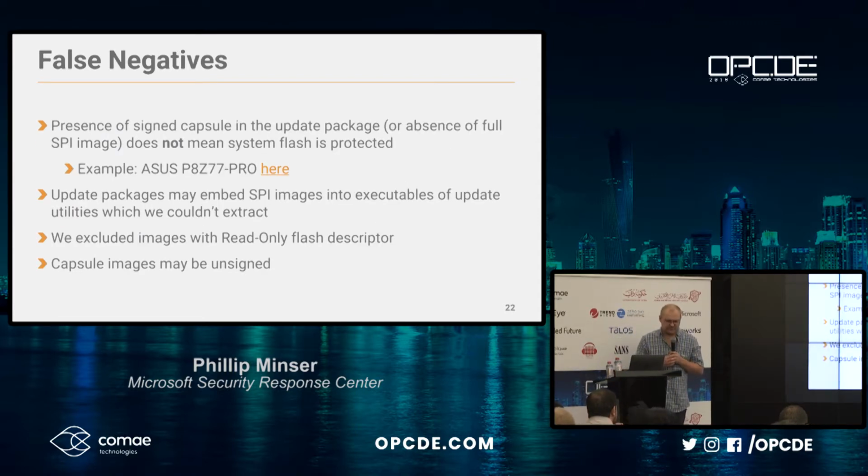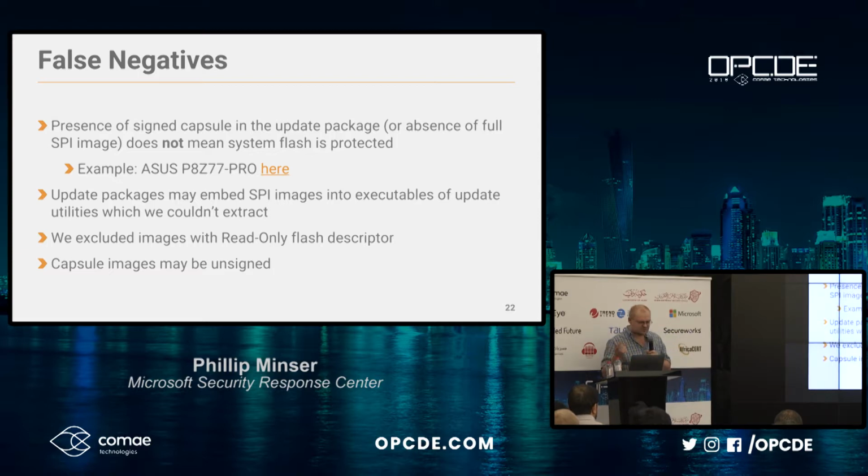Of course, we have false negatives. One false negative is that even if there is a signed capsule update, it can still be vulnerable to the rest of the vulnerabilities, like the descriptor and BIOS control register not being protected.